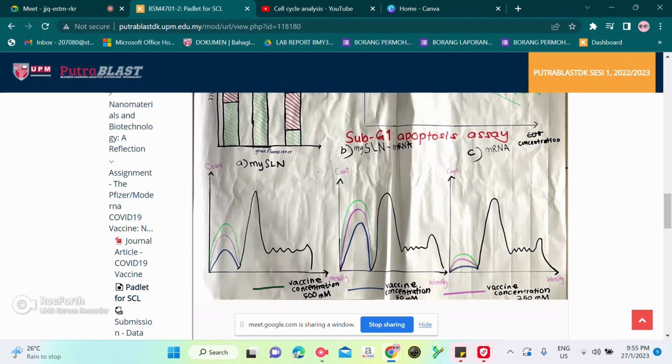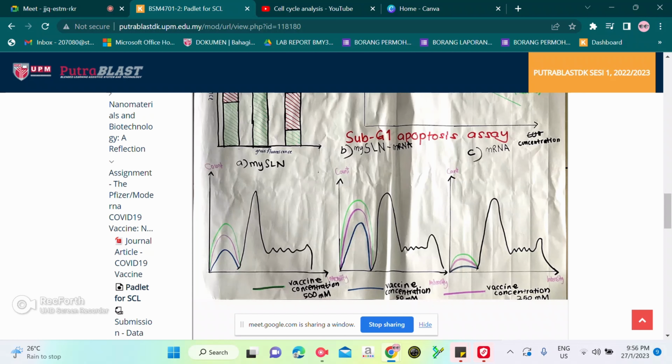The second one is MySLN, which is the nanoparticle, and it causes a small effect on cell apoptosis, quite higher compared to the mRNA. The last one is the vaccine, MySLN mRNA. It causes a big effect on cell apoptosis, and we should also look at the concentration of the vaccine, in the green color.